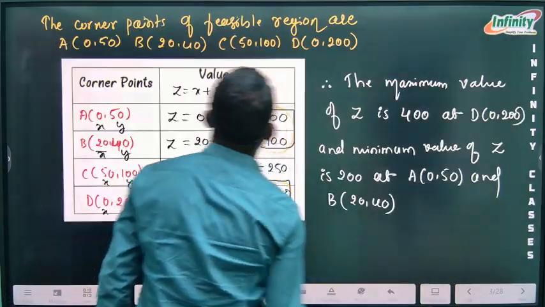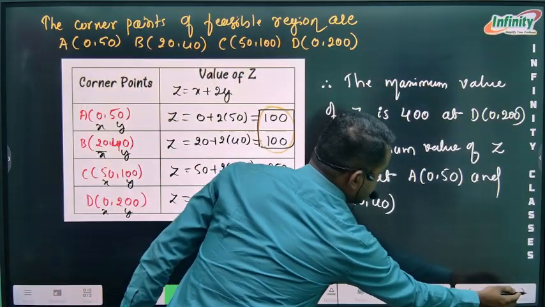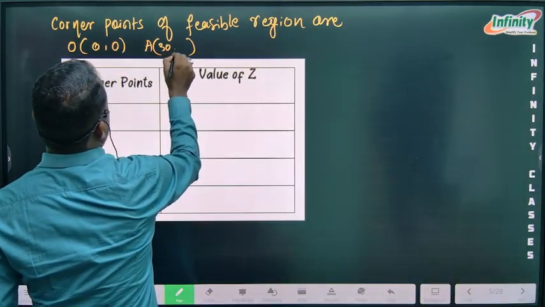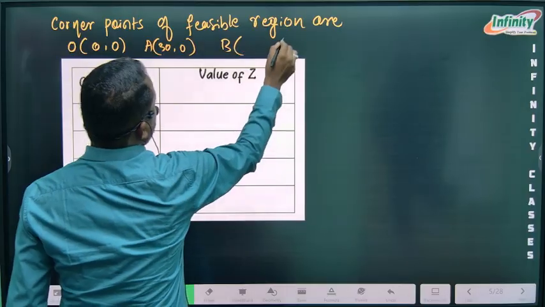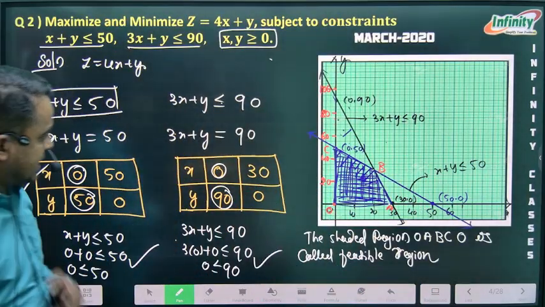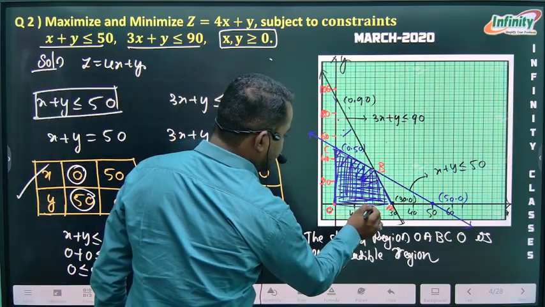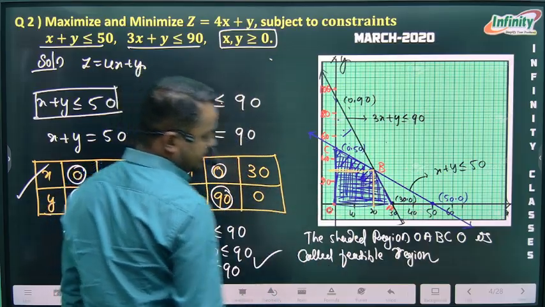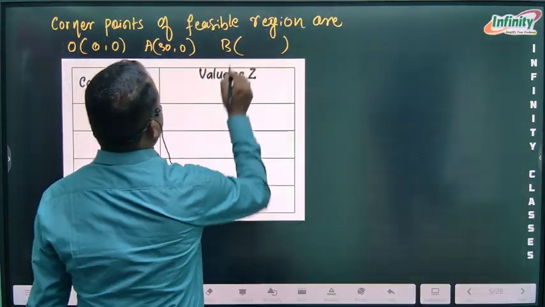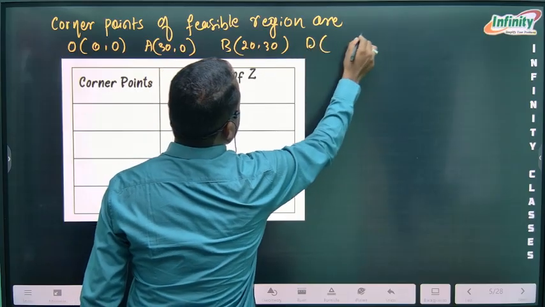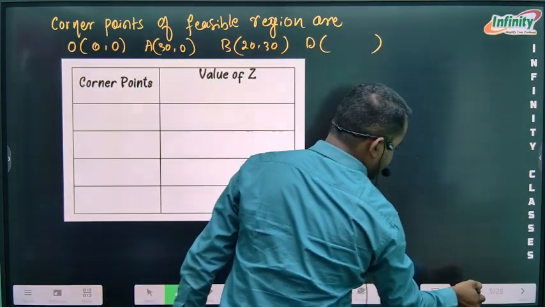And B, the coordinates of B from the graph. What are the coordinates of B? See here, check the x-axis and y-axis. This is 20, and this is what? 30. So B is (20, 30).